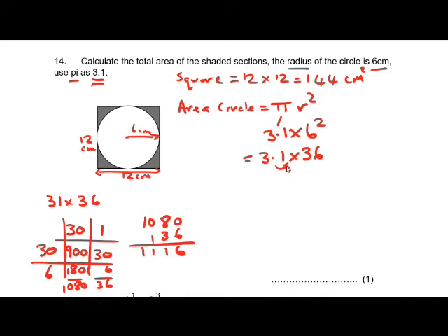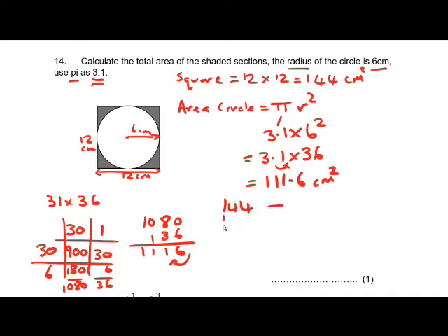Don't forget to put your decimal place back, because we didn't have 31, we had 3.1. So one place back to the left gives us the area of the circle as 111.6 centimeters squared.